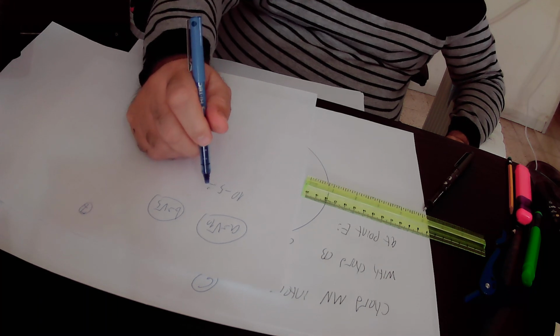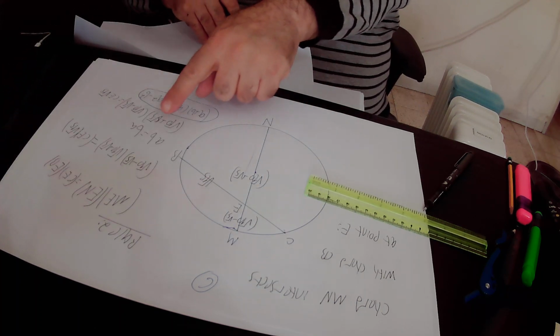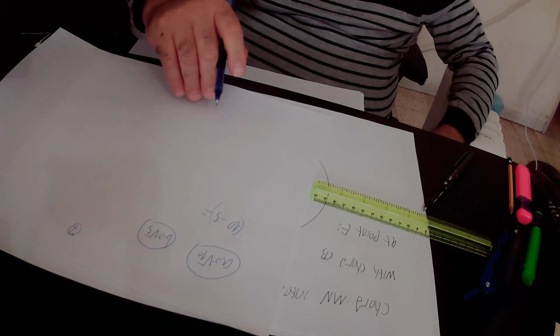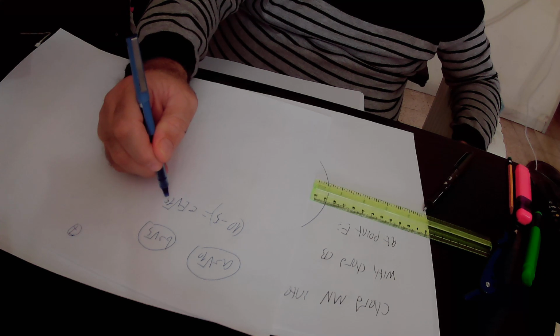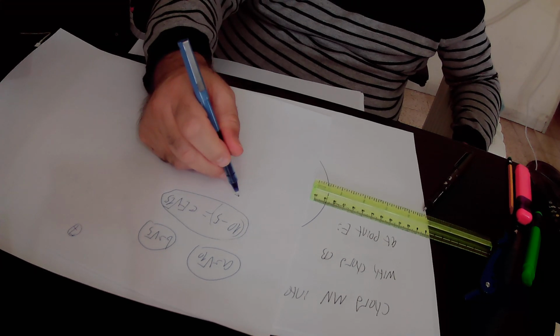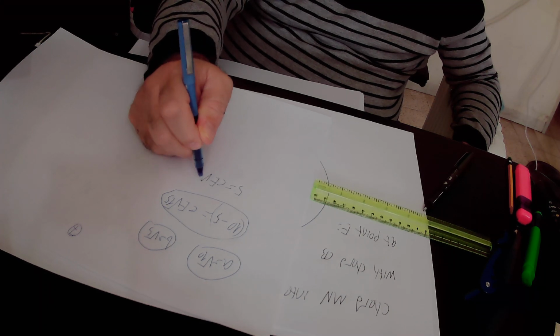According to rule number 2, this expression equals CE times the square root of 15. Ten minus 5 is 5, so 5 equals CE times the square root of 15.